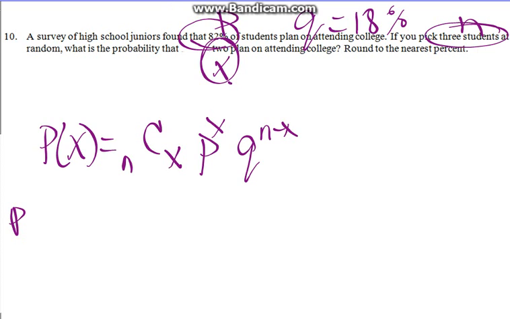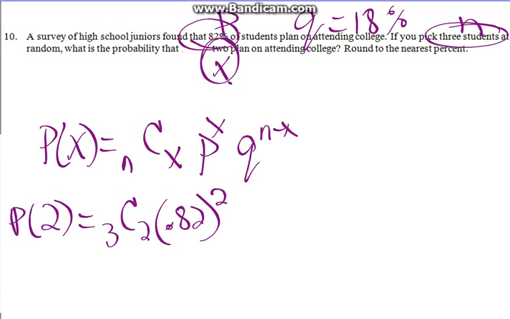So P of 2 is equal to 3C2 times 0.82 to the X power, which is 2, times my q, which is 0.18 to the 3 minus 2.